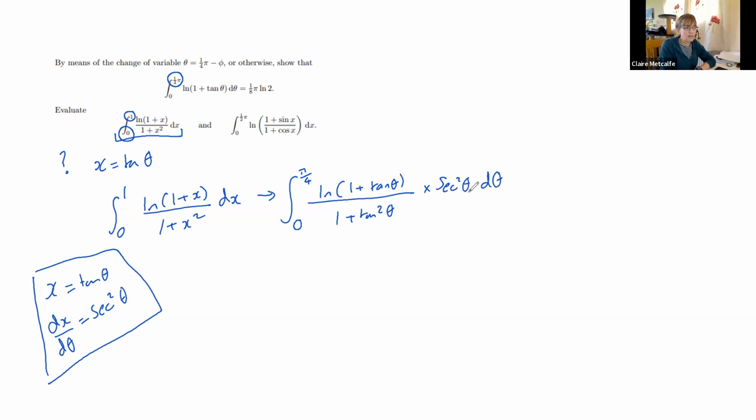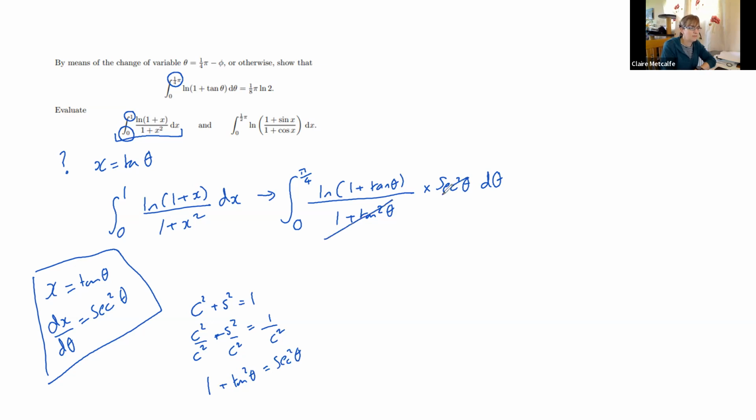And then we know that sec squared theta is the same as 1 plus tan squared theta. If you don't know that one, we know that cos squared plus sine squared is 1. So cos squared divided by cos squared plus sine squared divided by cos squared equals 1 divided by cos squared. And then this gives me 1 plus tan squared theta equals sec squared theta.